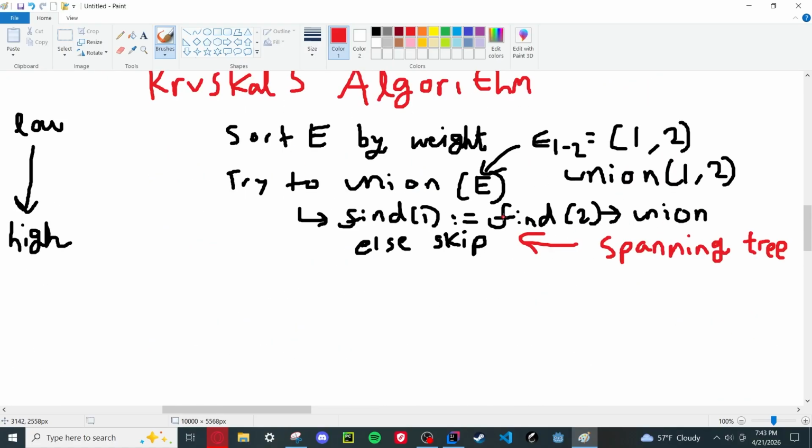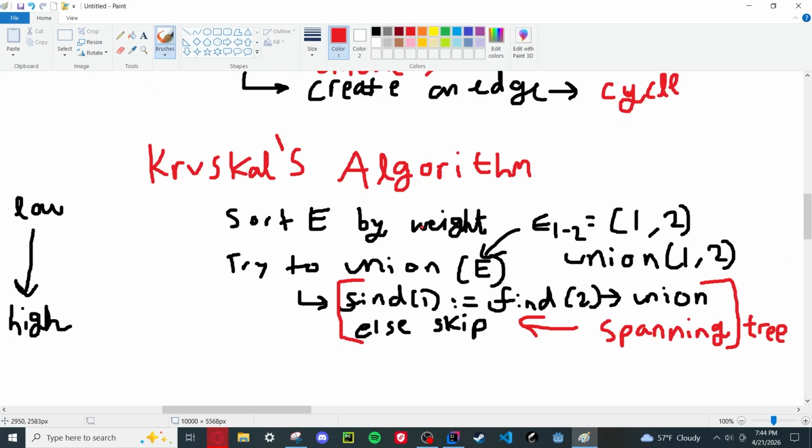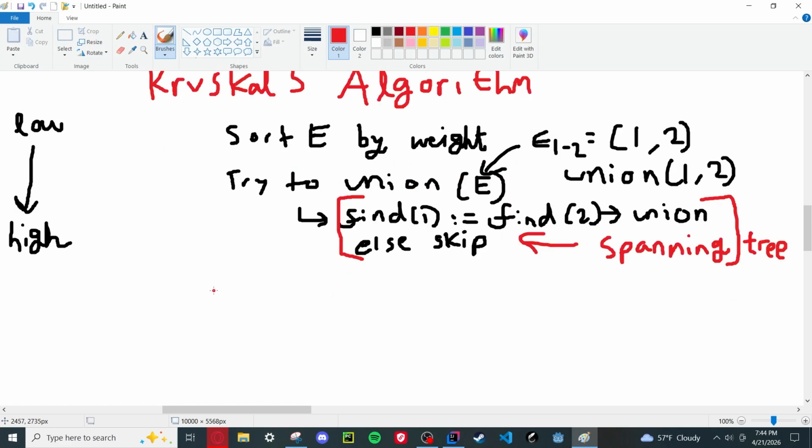If find of 1 is equal to find of 2, and we're trying to create an edge between them, we're going to get a cycle. So then we can skip it. So by doing this code here, we're essentially filtering out all of the vertices that, when an edge is formed between them, or when they're unioned, will make our graph have a cycle.